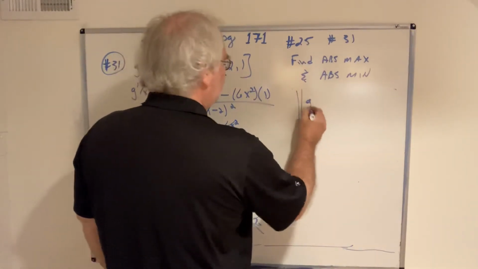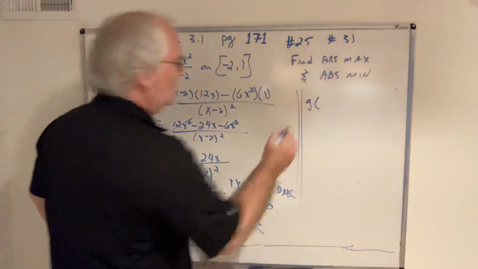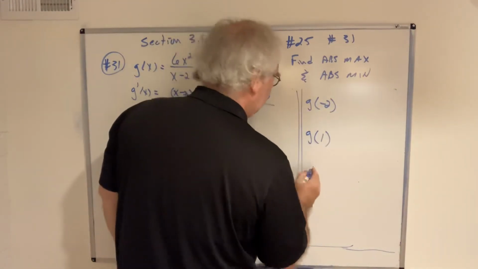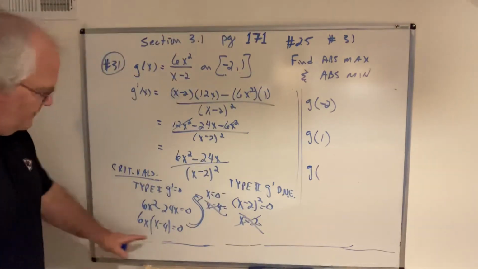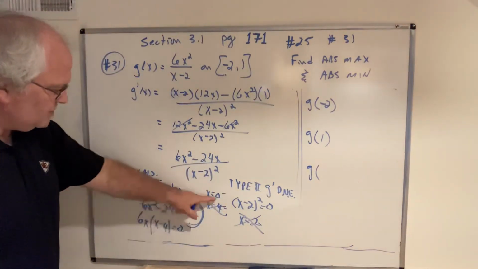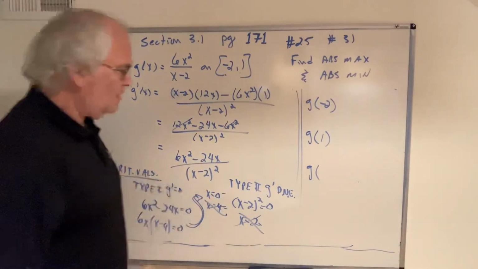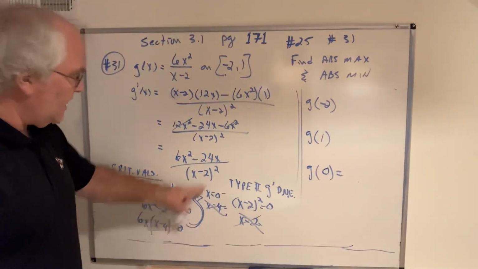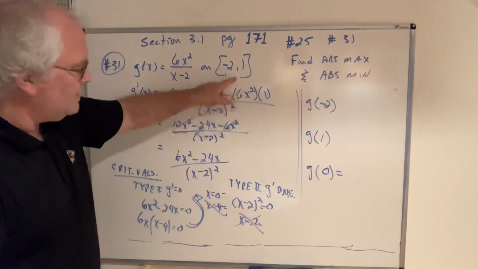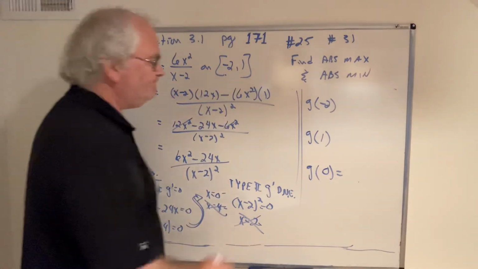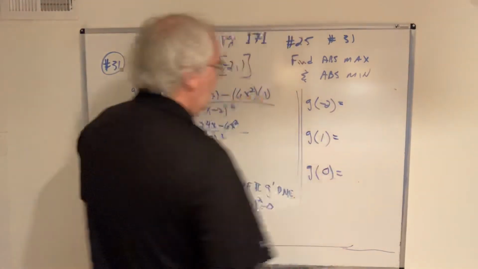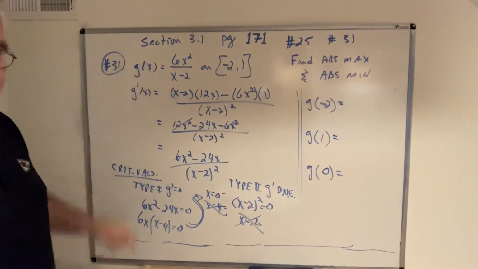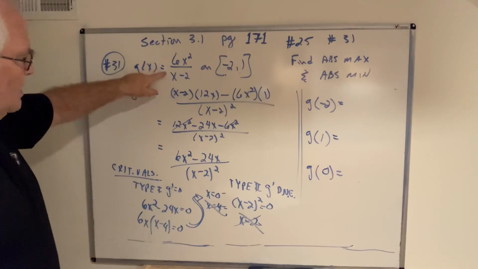We need g of endpoint number 1, g of endpoint number 2, and g of the only critical value that survived, which was 0. 4 and 2 were outside the interval, so those get crossed off. And it's back to the original function. It's going to be all over but the shouting.